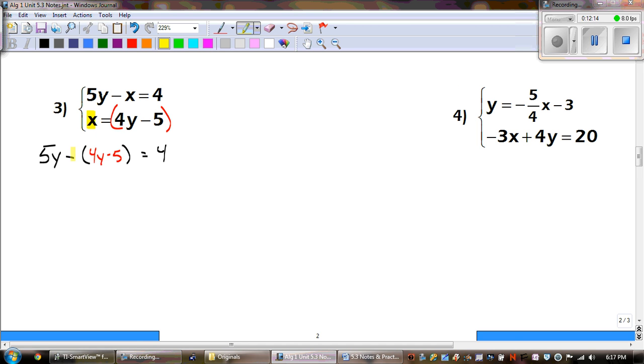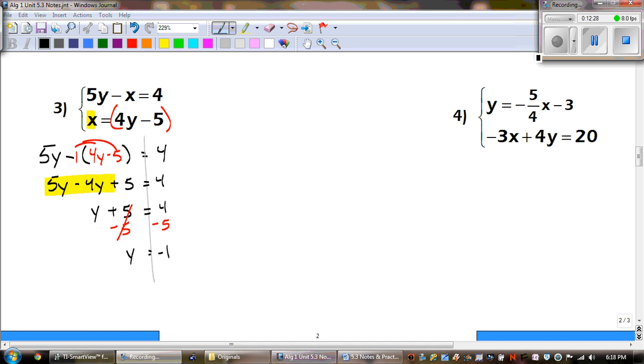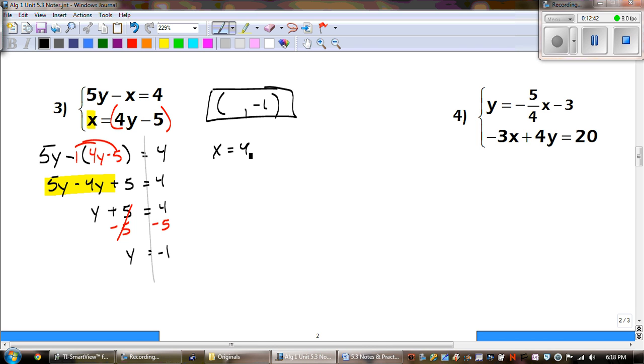Okay, so just remember right here that you're going to distribute a negative, and it's going to be a negative 1. So if you didn't do that, go back and change it. And there's all my work to get that y equals negative 1. Now to figure out what x is, we're going to go back to our original equation.